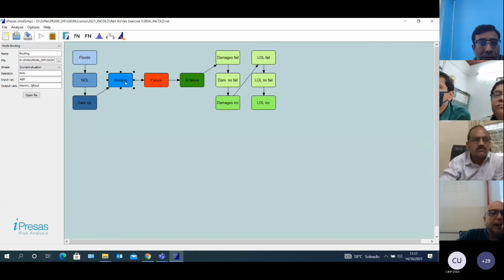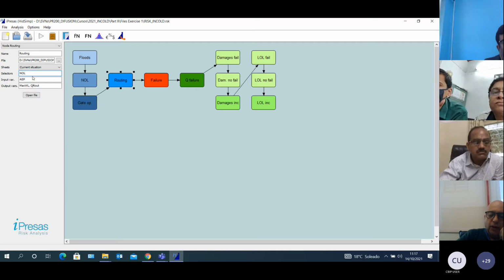Routing. I also want you to do something else. In routing, we have uploaded our file, say current situation, but we need to let the program know that we have gates. So in selectors, after normal operating level, I want you to write this sign and then ABSP, this sign, and ABBO.